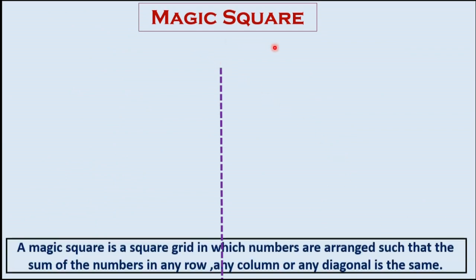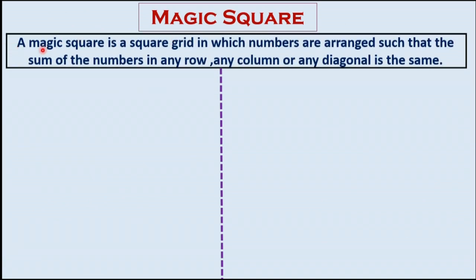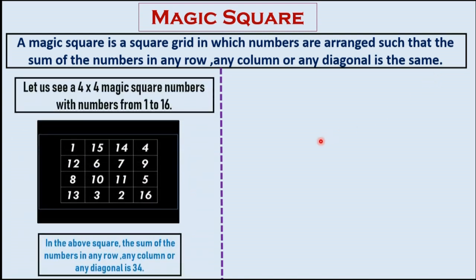Magic square. A magic square is a square grid in which numbers are arranged such that the sum of the numbers in any row, any column or any diagonal is the same. Let us see a 4 into 4 magic square with numbers from 1 to 16.